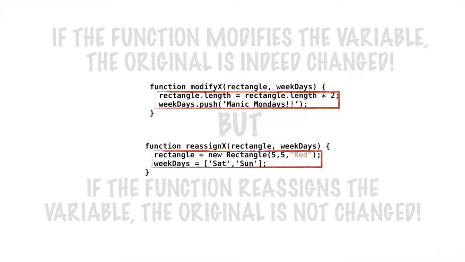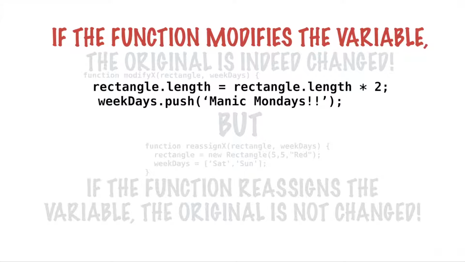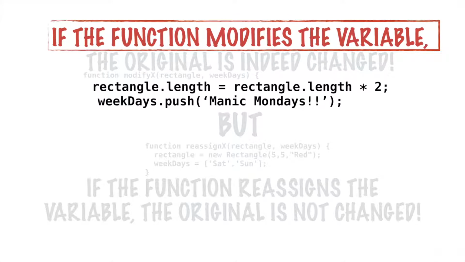Starting first with the code in modify x. Within modify x, the meat of the code basically takes the rectangle object that's been passed in and updates its length property to be multiplied by 2. So rectangle.length is equal to rectangle.length multiplied by 2. This is a modification of the object that's passed in, the rectangle object that's passed in. In addition to the array, we add one more day called Manic Mondays.